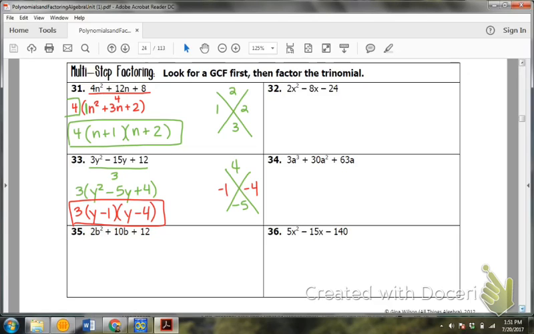And then on page 13, you need to do 32, 34, 36. Okay. Stop talking and listen. So pages 12 and 13: 8 through 26 even, and then you need to do 32, 34, and 36.